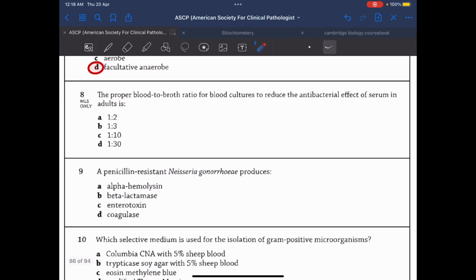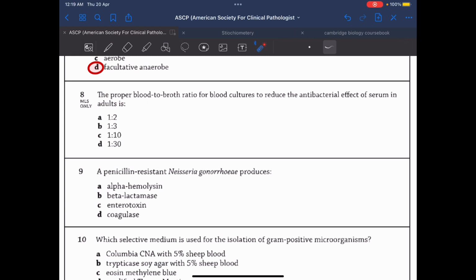Question number 8. The proper blood to broth ratio for blood cultures to reduce the antibacterial effect of serum in adults is A. 1 to 2, B. 1 to 3, C. 1 to 10, D. 1 to 30. Human blood contains substances that may inhibit microbial growth. Diluting blood in culture broth reduces the concentration of these substances as well as any antibiotic that may be present.